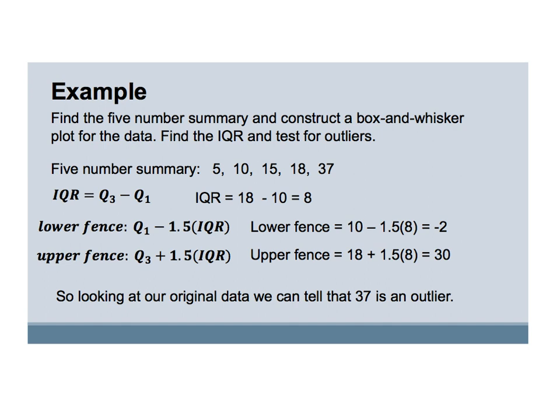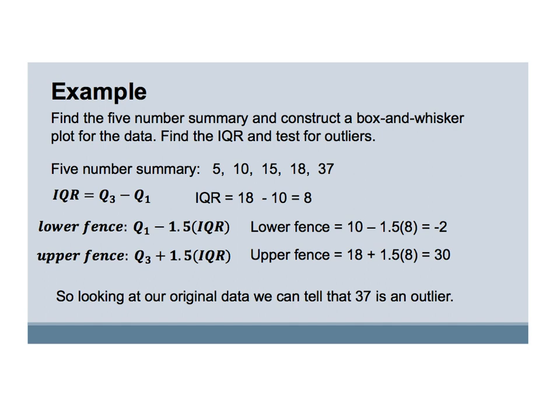Then to get your lower fence, take Q1, which is 10, subtract 1.5 times 8, and you get negative 2. So your lower fence is negative 2. To get your upper fence, take Q3 plus 1.5 times the IQR. So 18 plus 1.5 times 8, you get 30. So that's your upper fence.